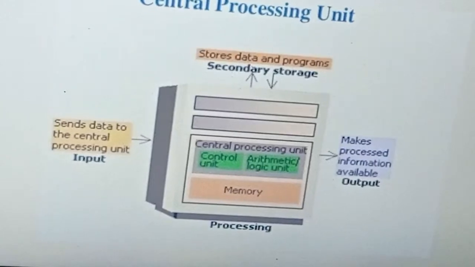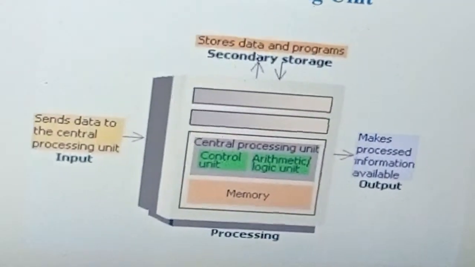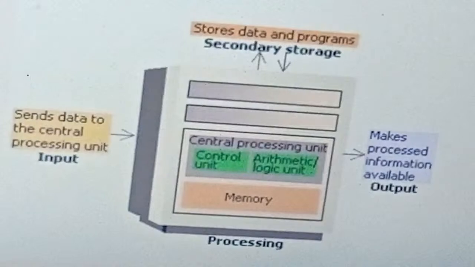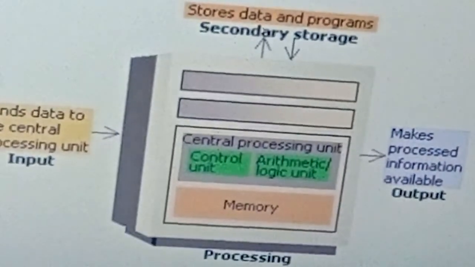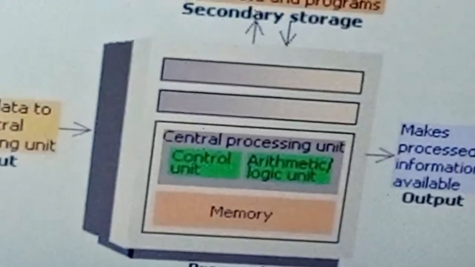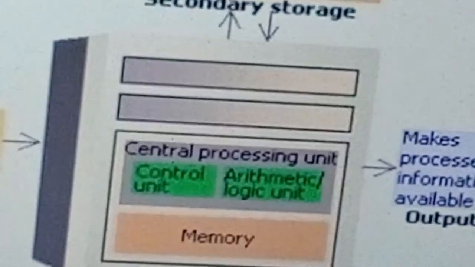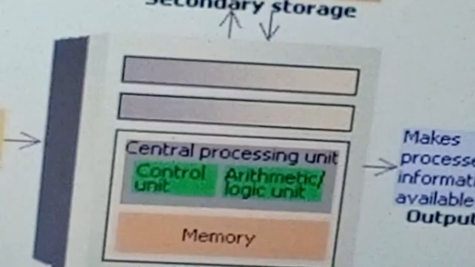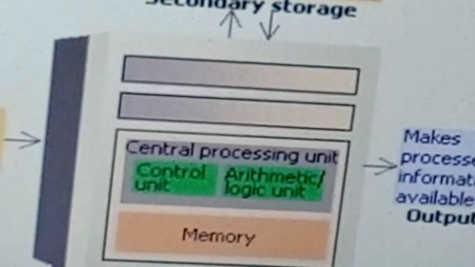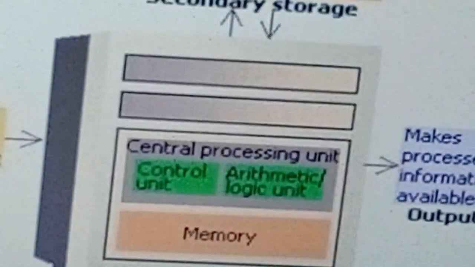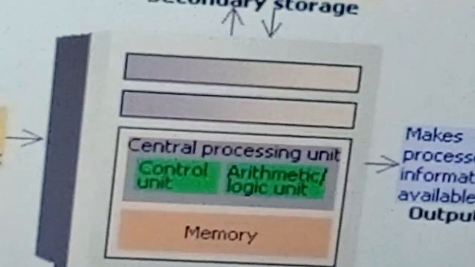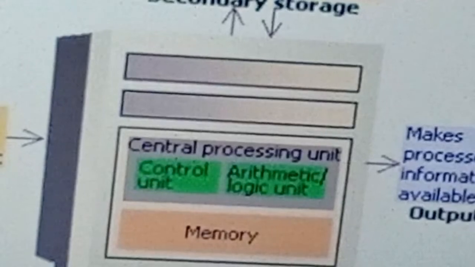two types of memories: primary memory and secondary memory. Memory is the brain of a computer which stores data and information, for storing and retrieval.